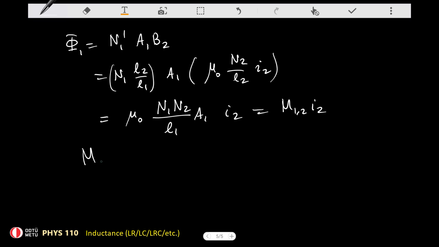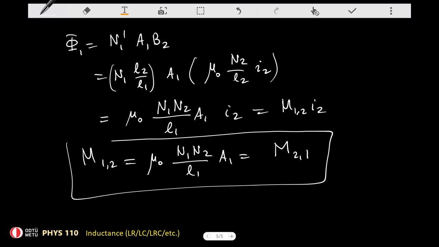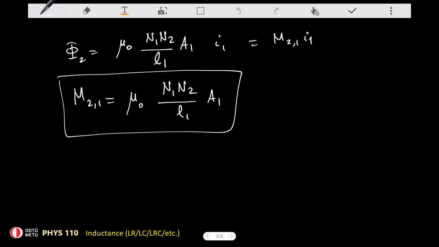So M1 to is also equal to mu 0 N1 N2 over L1 A1. And we just noticed that this is the same mutual inductance that we have found before. If you don't believe me, then let me go back to that page. Yep, it's the same expression.